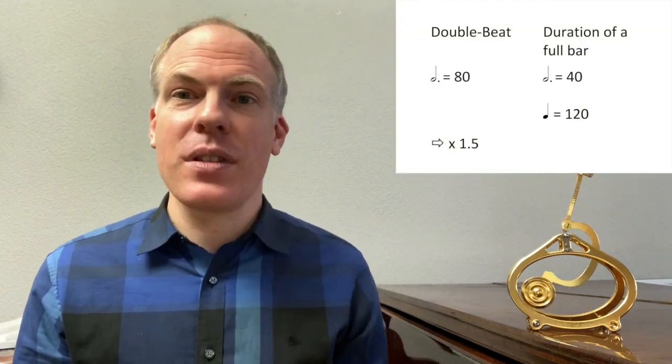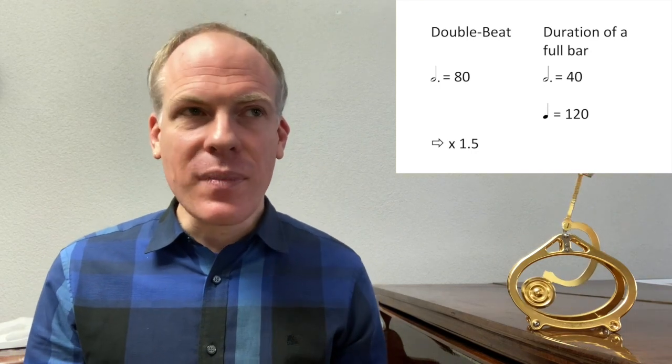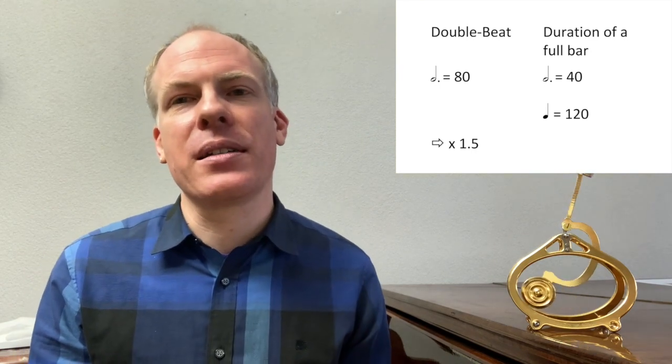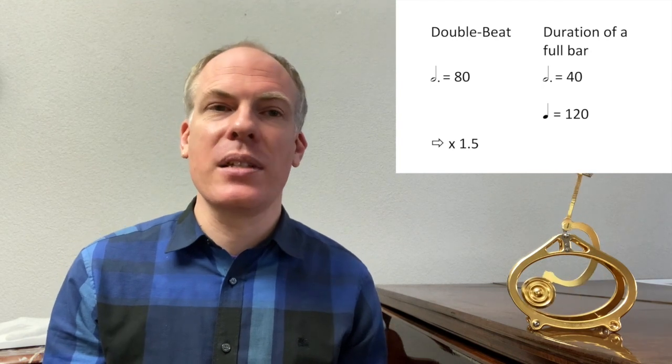Okay, now to come back to the initial question that was about the calculation of a double beat along to a ternary time signature. That's very easy. Let's take the example of the scherzo of Beethoven's Hammerklavier Sonata. It's a 3/4 bar, and the metronome marking says dotted minim or dotted half note equals 80.